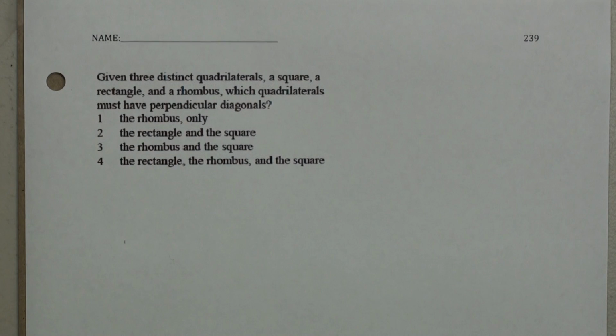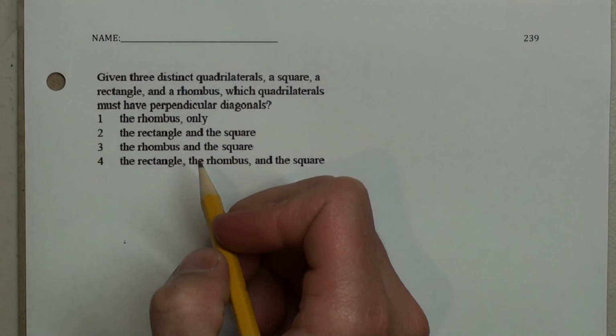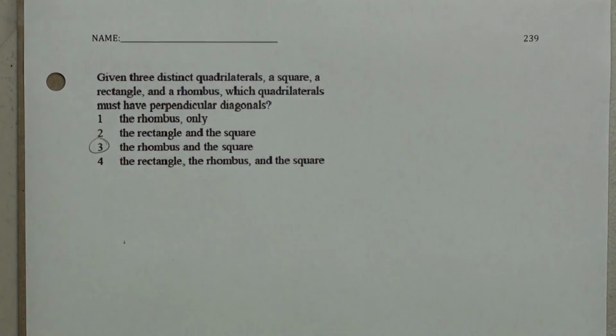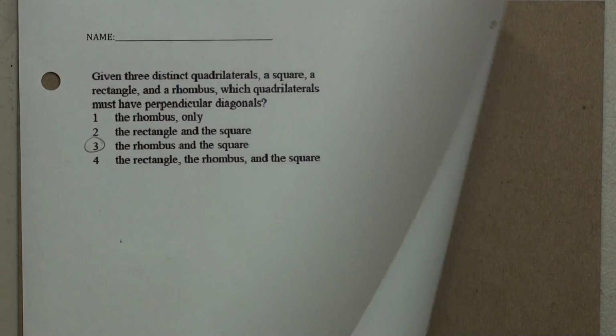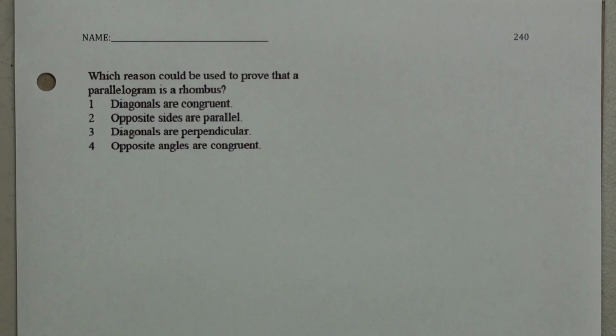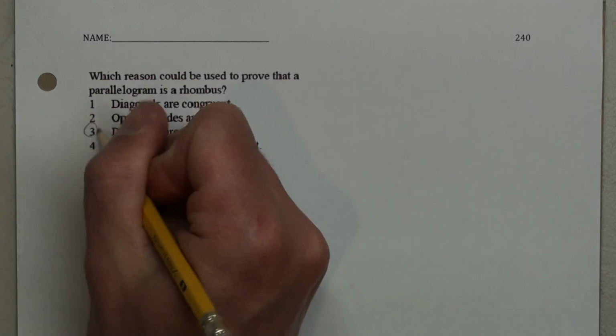Given three distinct quadrilaterals, a square, a rectangle, and a rhombus, which quadrilaterals must have perpendicular diagonals? It would be rhombus and square. Which reason could be used to prove that a parallelogram is a rhombus? Diagonals are perpendicular.